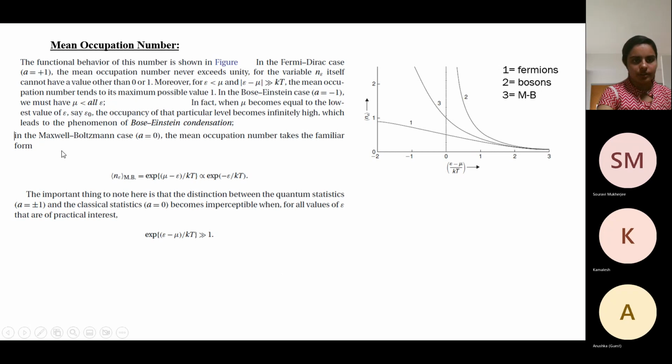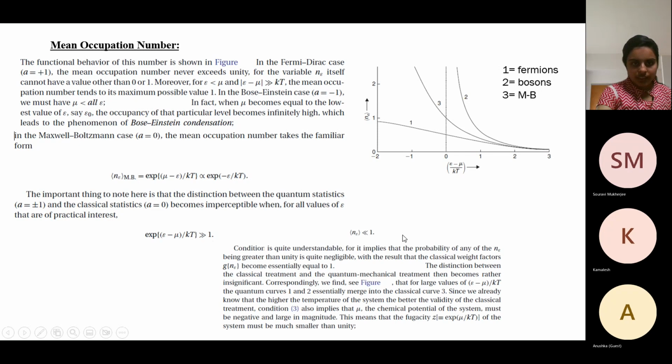And then if you have the Maxwell-Boltzmann case where A is 0, you get something like this. So this is the familiar form that we generally use, e to the power minus epsilon by kT. So this is the classical kind of nature that we see. And it is important to note that while you have these differences in the lower energy levels, for high temperatures all of them merge to similar kinds of values, right? So this happens when e to the power (epsilon minus mu) by kT is much, much greater than 1.